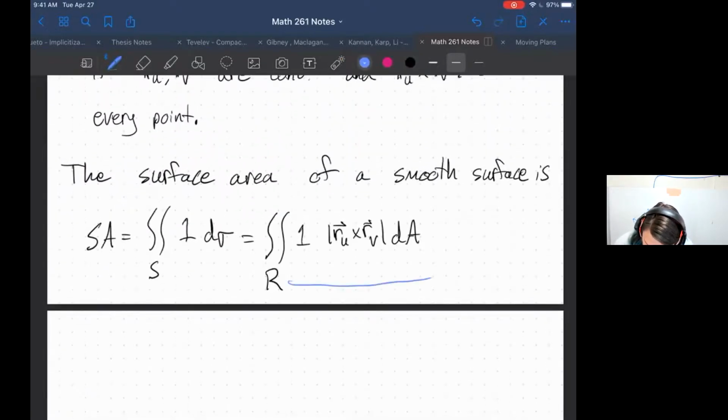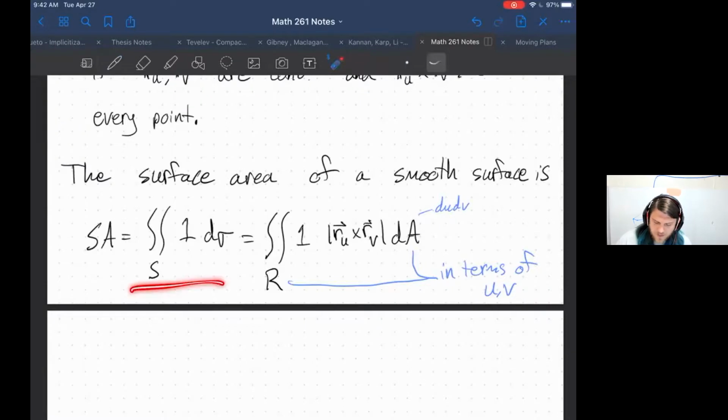This R and this dA are written in terms of u and v. So these would be uv bounds, and this would be something like du dv or dv du.